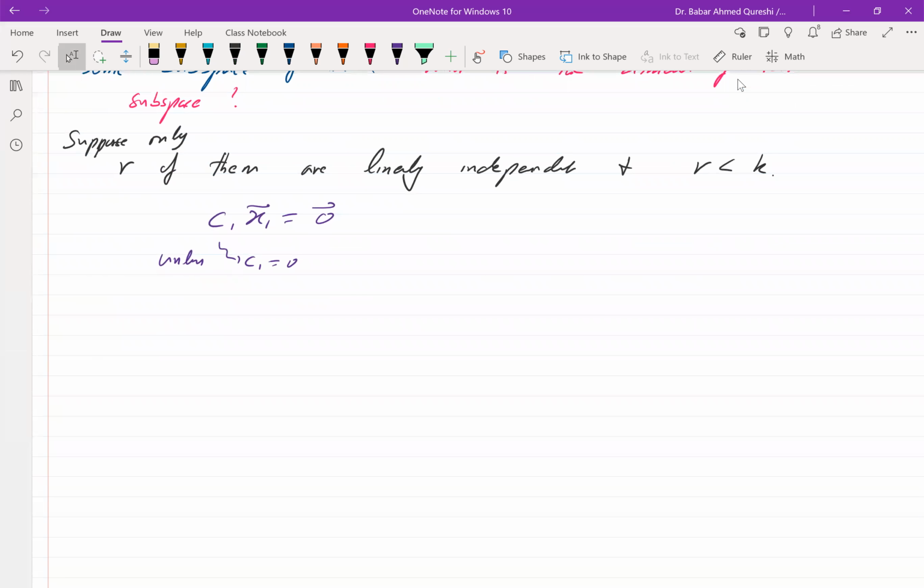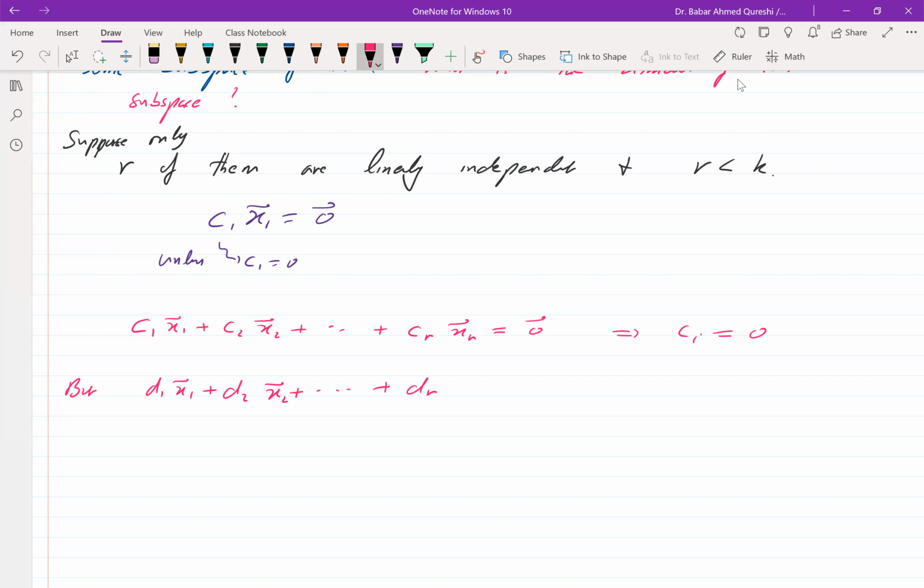So since they're linearly independent, I will have C1 x1 plus C2 x2 up to Cr xr equal to 0 implies all Ci's are 0.